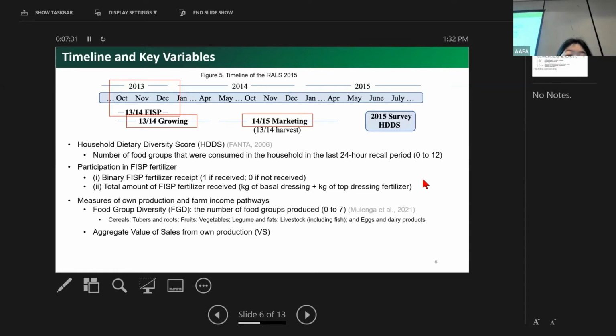In terms of production diversification, we measure it by this food group diversity index, which is counted as the number of food groups produced by the household. It ranges from 0 to 7, 7 indicating the household's production is highly diversified. And then for the farm income part, we use the aggregate value of sales from own production, which constitutes most of the farm income in rural Zambia. And it is just the price times the quantity sold in the market.